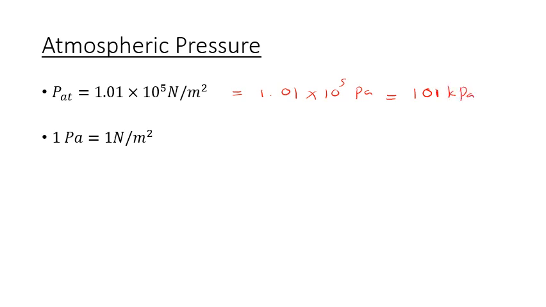So this is the atmospheric pressure. And there's another unit we can use, that is 1 bar. So 1 bar is equal to 10^5 pascals. So if you use that unit, you can say the atmospheric pressure is roughly equal to 1 bar.